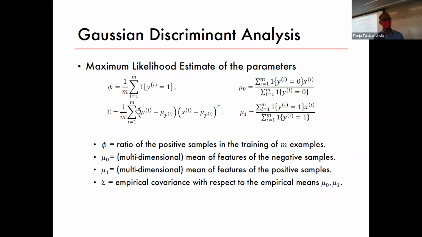Now sigma is a little bit more involved, but you can estimate it from data like this. We will not discuss the estimation of sigma in detail. The sigma matrix is an n cross n matrix. It's also basically an average of a bunch of outer products. If you take an inner product of vectors, you reduce it to a single number.